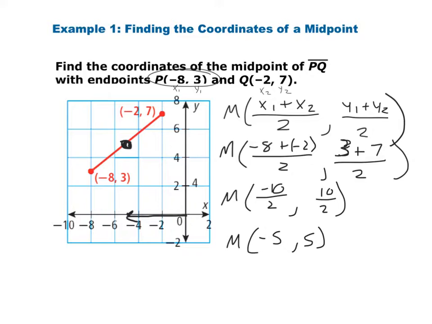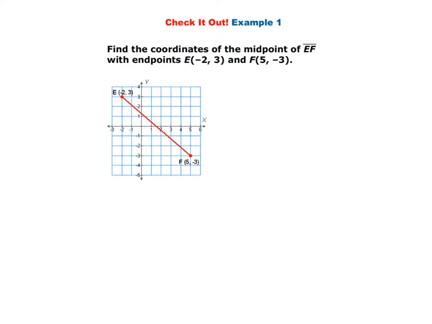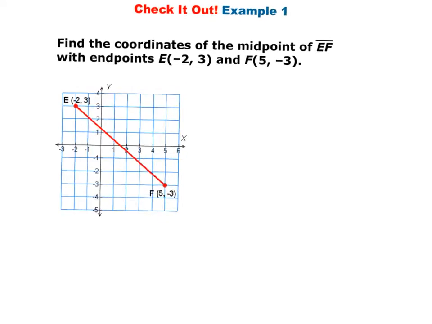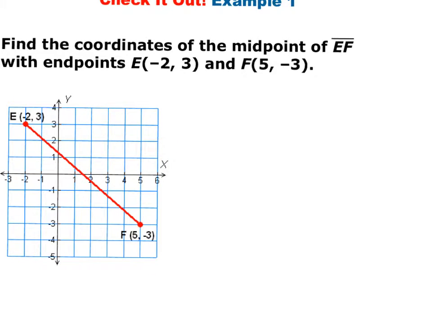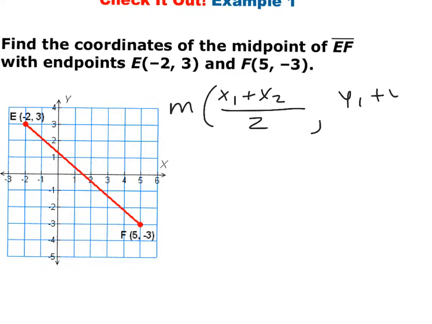Okay, now we're going to do another example. Find the coordinates of the midpoint of EF with endpoints E is negative 2, 3, and F, 5, negative 3. So we know our midpoint formula is x1 plus x2 over 2, comma, y1 plus y2 over 2.